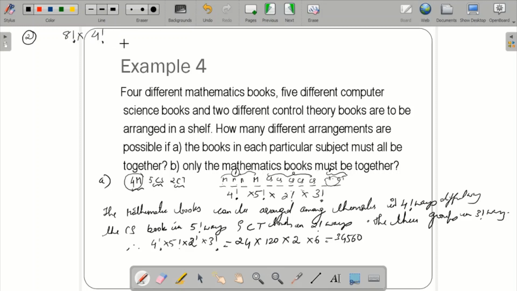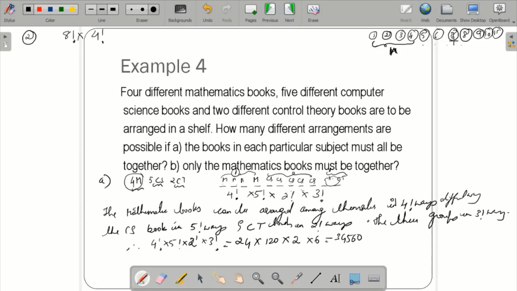If you want, I'll just illustrate in the example again. You have 11 places, 1, 2, 3, 4, 5, 6, 7, 8, 9, 10 and 11 for textbooks. Let us imagine that these are 4 maths books, and this, 5, 6, 7, there are 5 CS books and CT. Condition is only the mathematics must be together.